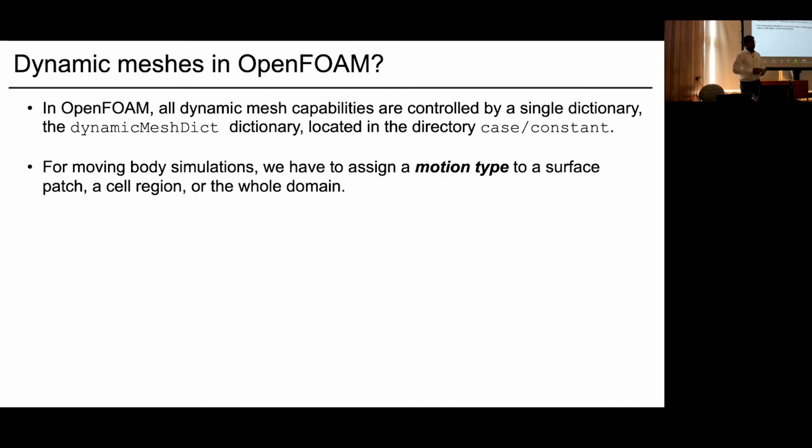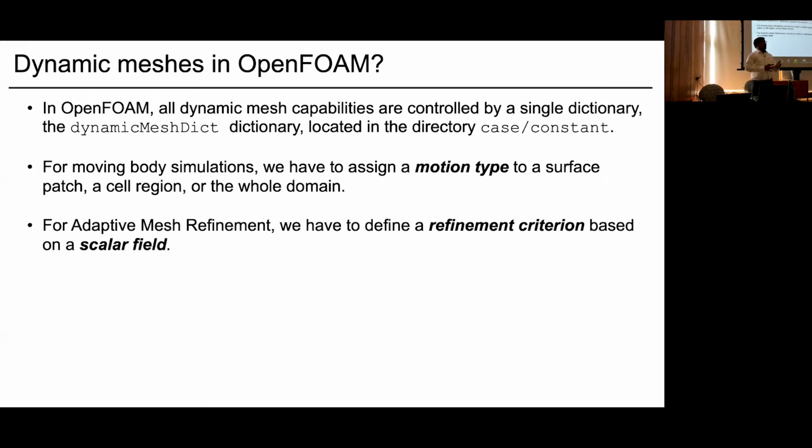And this motion, it's very important, can be given either to a patch, which is a boundary of a body, or to a cell region, or it can be given to the whole domain of the mesh, which I will describe as a moving mesh problem, where you basically move the whole mesh with a prescribed motion or multi-motion or fluid structure interaction induced motion.